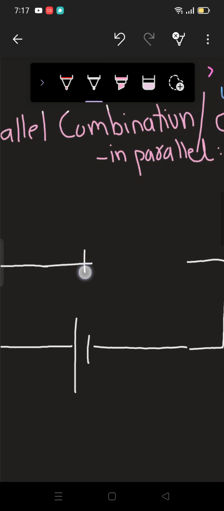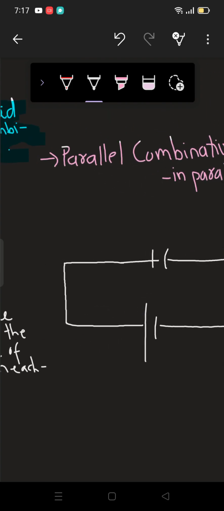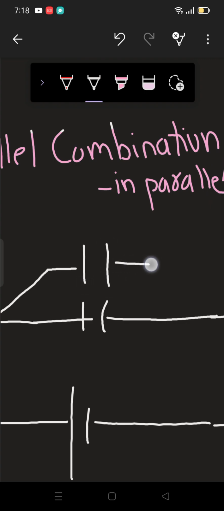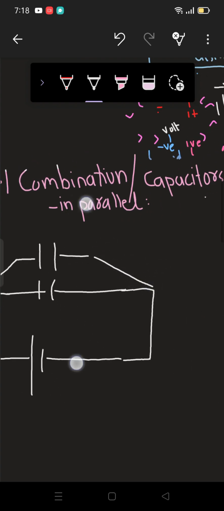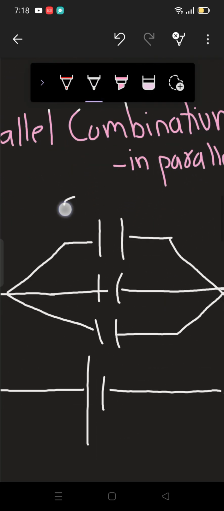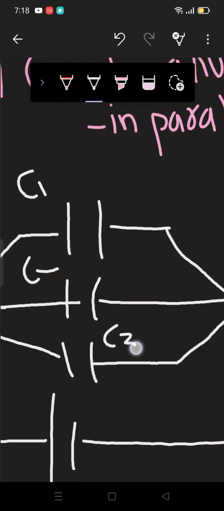Here we have one capacitor. Here we have another capacitor. And here, of course, I have another capacitor as well. So this is C1, this is C2, and this is of course C3.